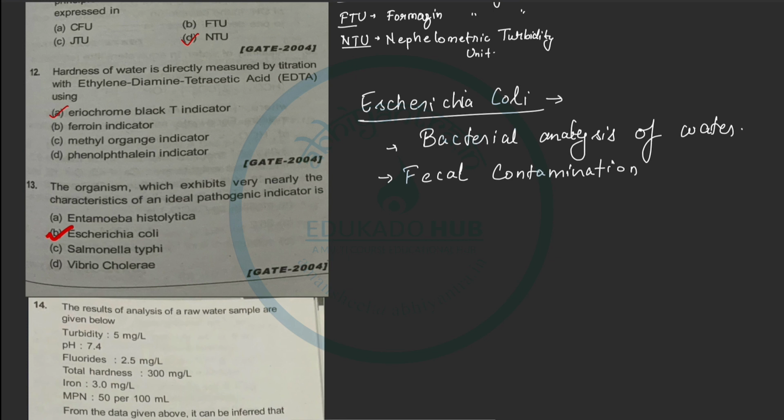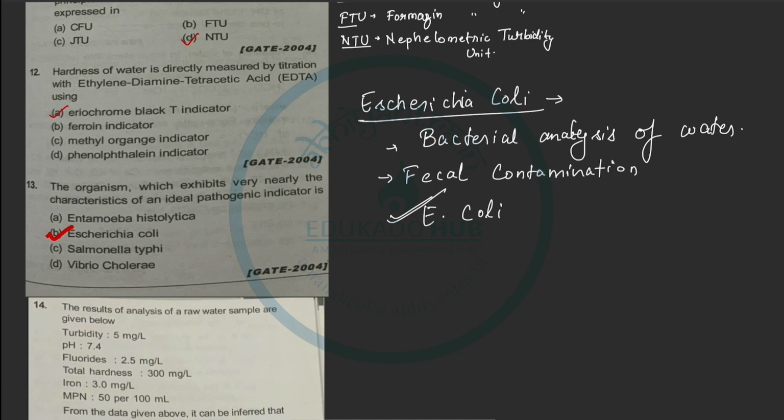gut of some animals. Most types of E. coli are harmless and even help keep your digestive tract healthy. They are good for us, but some strains can cause diarrhea if we eat contaminated food or drink foul water.